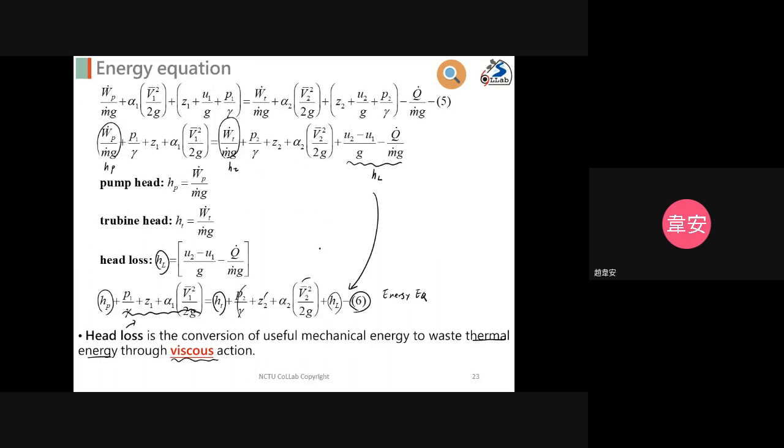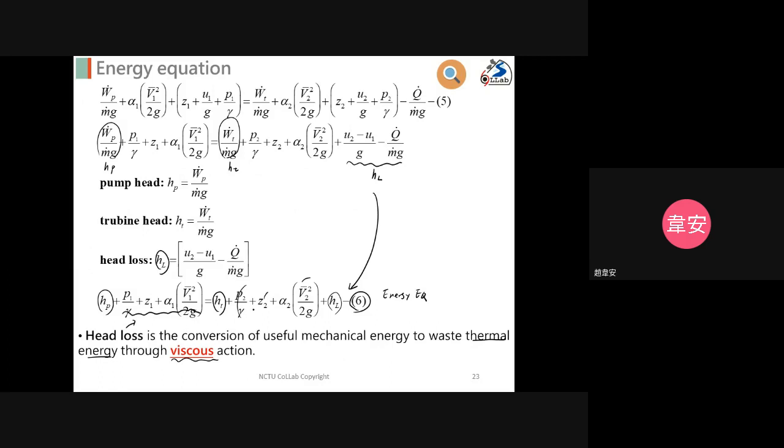So if you catch and fully understand what I mean from the previous slide, only one important equation you need to keep in mind after this chapter is equation 6. We call that the energy equation, showing here.